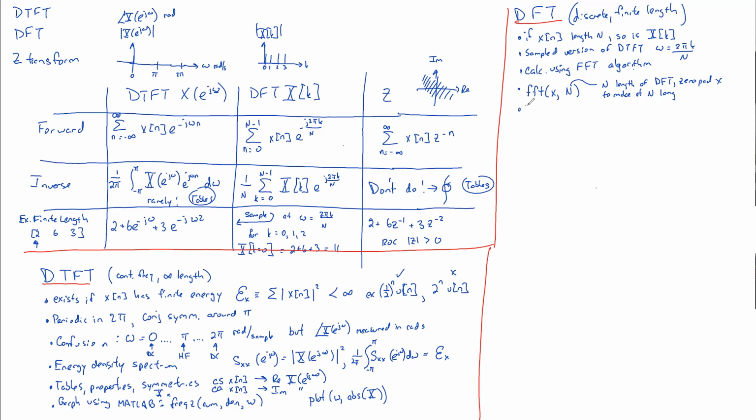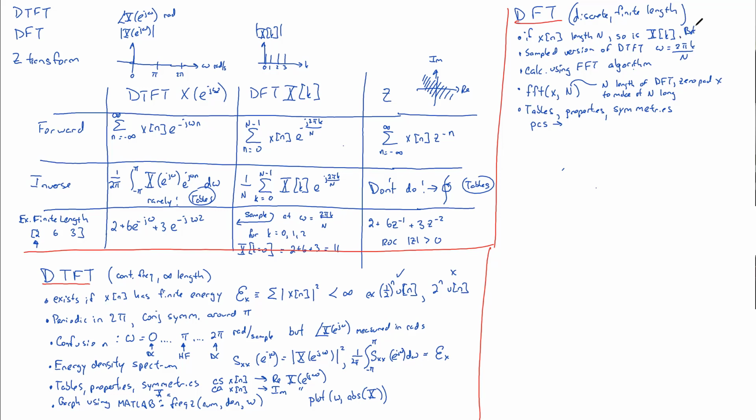We talked about tables. We talked about properties. We talked about symmetries. And in symmetries, the most important symmetry we noticed is that if you've got a signal that is periodic conjugate symmetric, it can't be conjugate symmetric, right? Because your x will always start at 0.